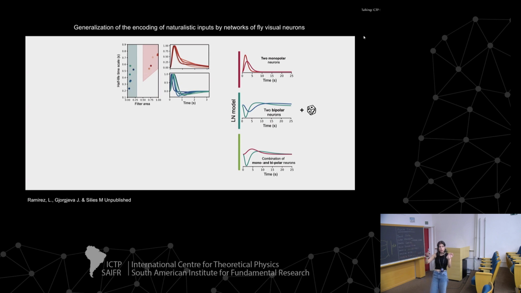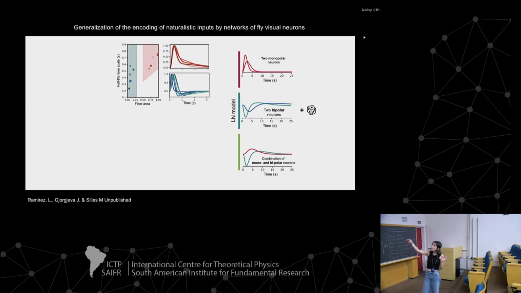The first one, in which we have 2 monopolar-like neurons, so these ones that are nearby in diversity coefficient. Then we are going to compare 2 bipolar neurons, so these ones that are within the blue region. And then we are going to compare across these 2 clusters, right? This will be the really high diverse networks.